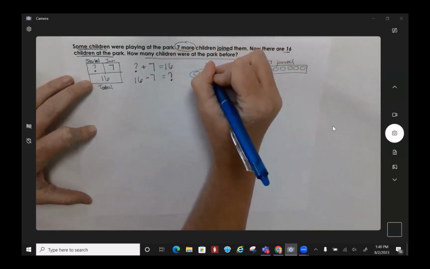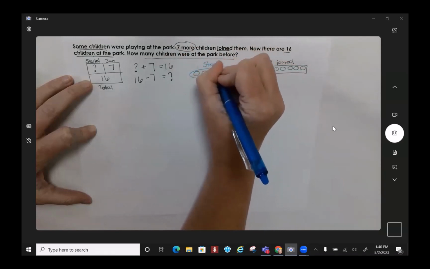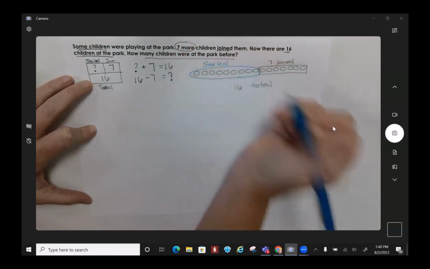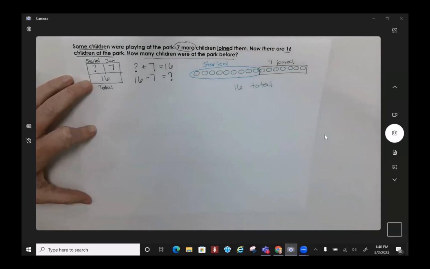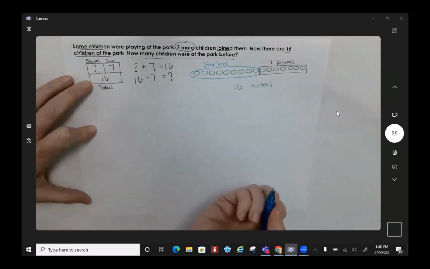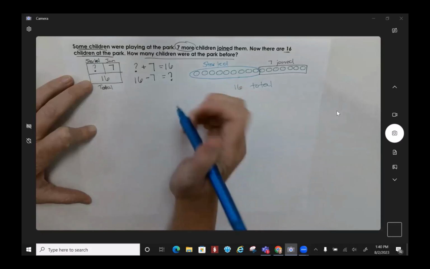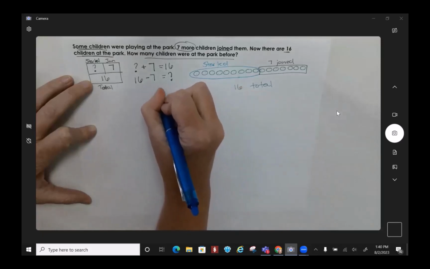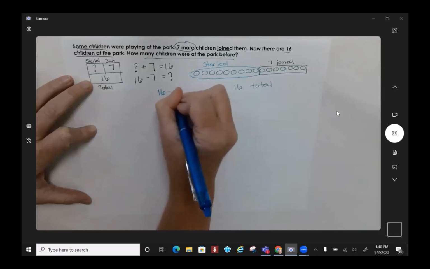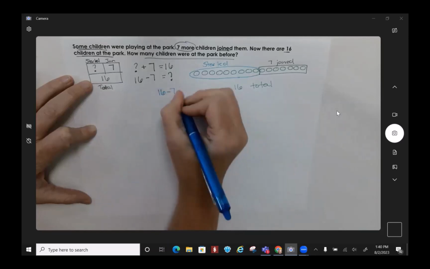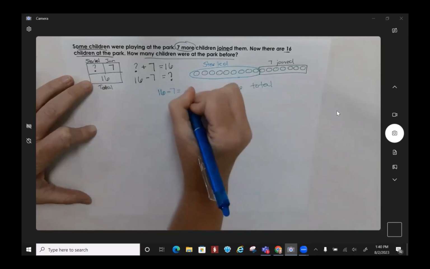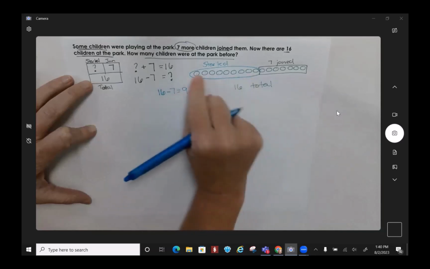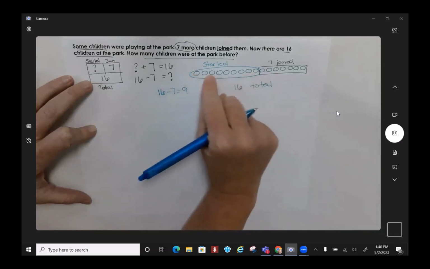These are the students that started in the park. Again, I was able to show that starting with that total of 16, removing that part of 7 left me with the 9 students that were initially in the park, or started in the park before.